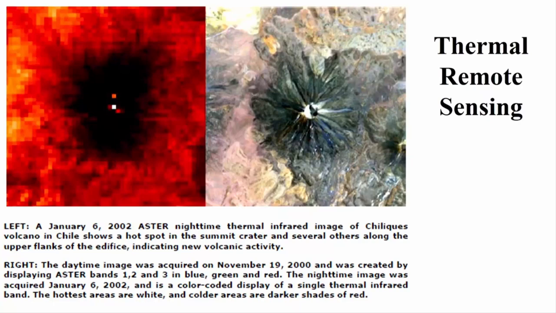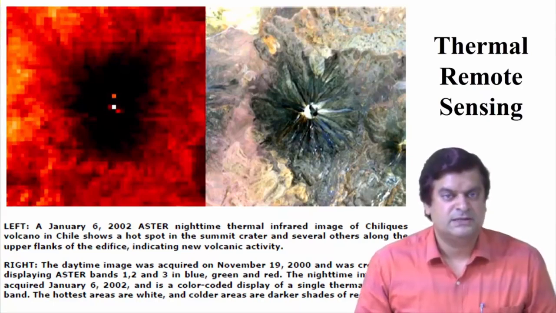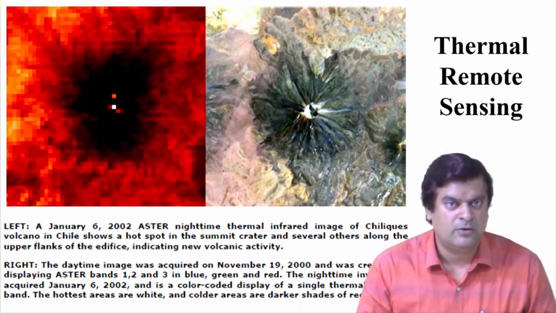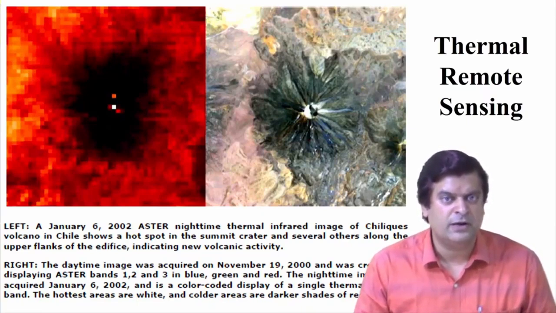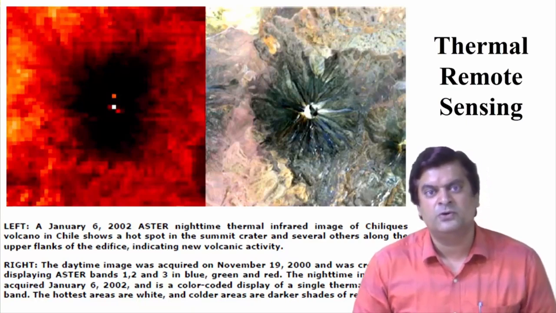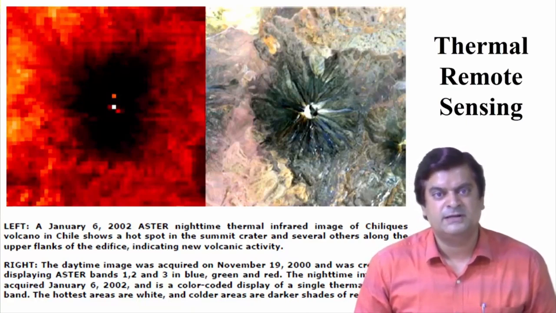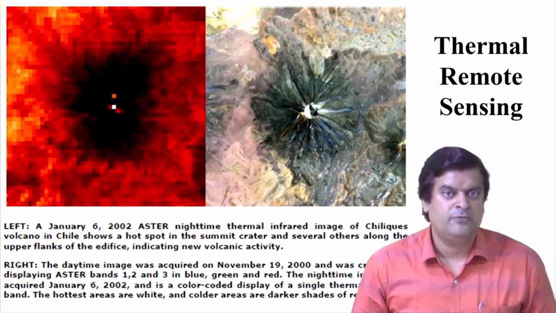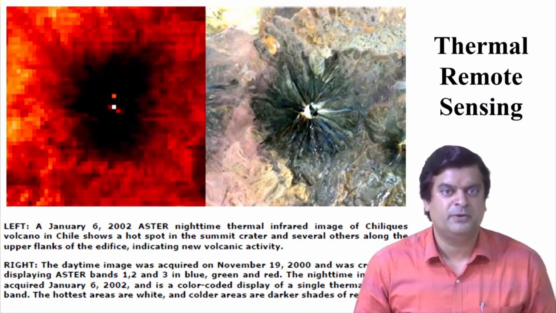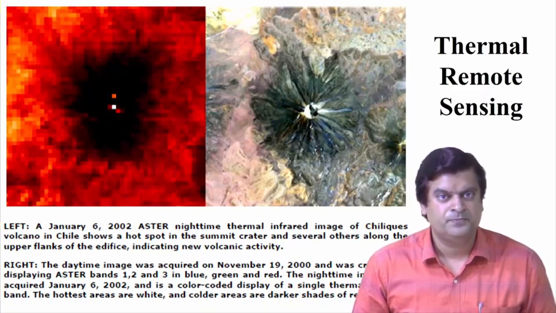Now from the optical multispectral data set, since the volcano is not currently erupting, it is not possible to say whether this is an active volcano or a dead volcano. Only if it erupts lava, or if we are able to see the lava flow in the optical multispectral data set, can we say that this is an active volcano. But we cannot say that this is a dead volcano.